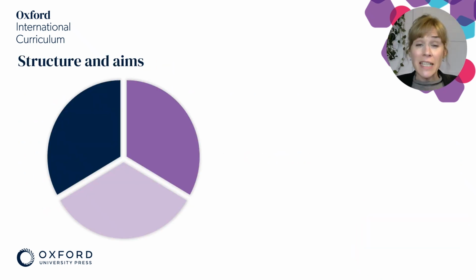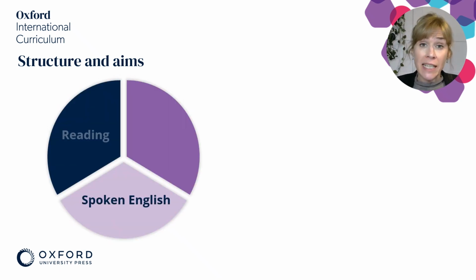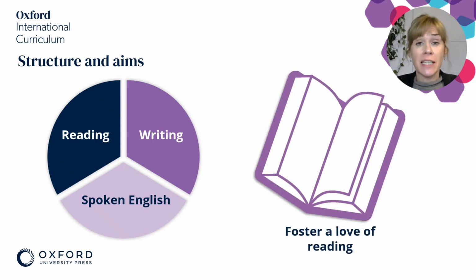The Oxford International Curriculum for English follows the same structure as the National Curriculum for English programmes of study in the UK, with its focus on three key areas: spoken English, reading and writing. It aims to foster a love of reading and literature among its students. It gives them a wide variety of texts to read, including fiction, non-fiction, poetry and drama.